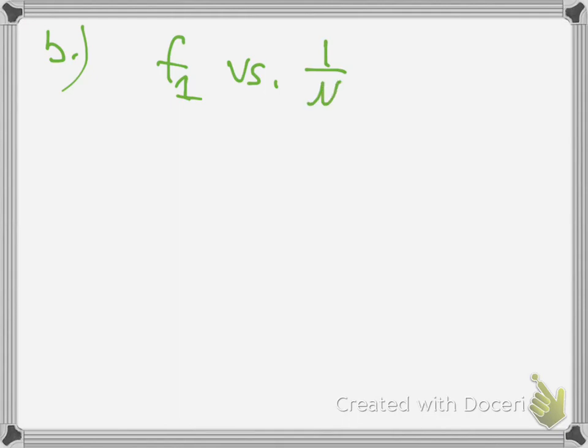That's 1 over mu, which is going to look like L over m, and remember L is constant. So essentially, the graph is basically 1 over the mass.